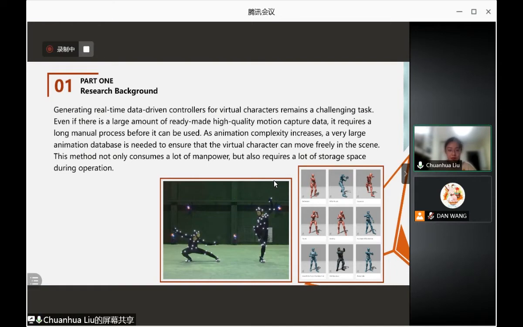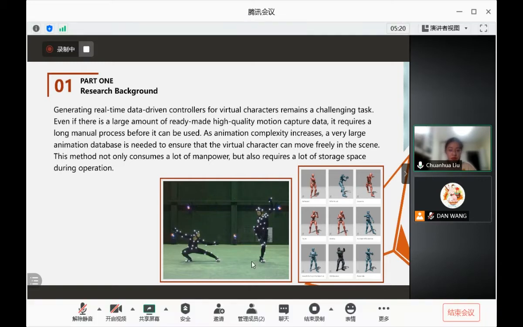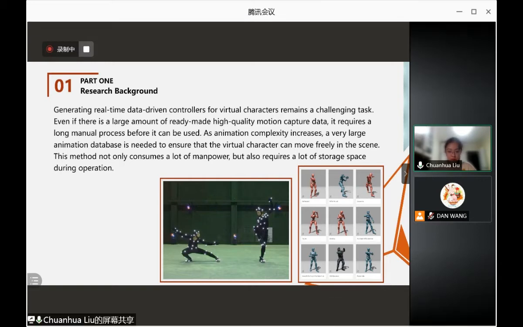As animation complexity increases, a very large animation database is needed to ensure that the virtual character can move freely in the scene. This method not only consumes a lot of manpower, but also requires a lot of storage space during operation.